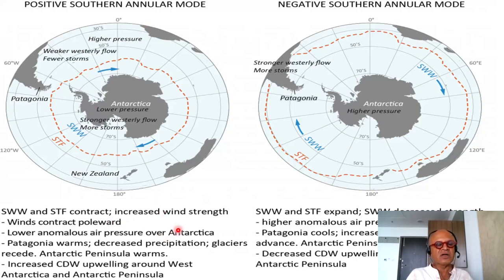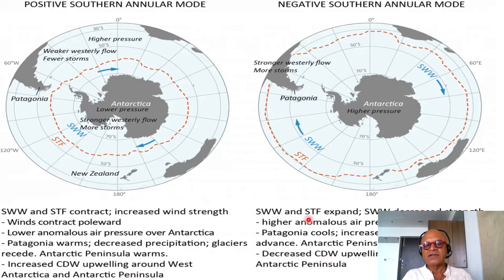Increased wind strength, winds contract poleward, lower anomalous air pressure over Antarctica, Patagonia warms, decreased precipitation, glaciers recede, Antarctic Peninsula warms, increased CDW upwelling. So this is the upwelling region where you have the circumpolar deep water upwelling around West Antarctica and the Antarctic Peninsula.